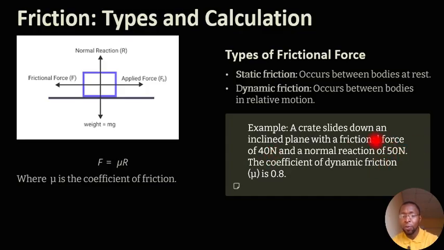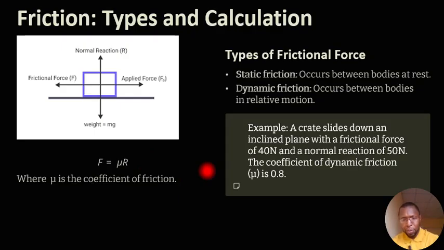We divide frictional force, which is 40, by the normal reaction, 50, and that will give us 0.8 using this formula. Okay. So another example could be that you'll be given coefficient of friction and frictional force, and you'll be asked to find the normal reaction. Still apply this formula using your mathematical arithmetic skills.